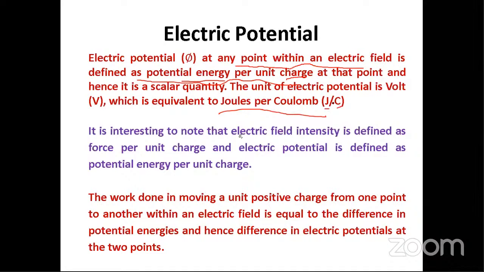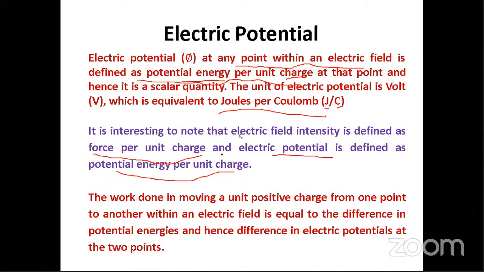So you can easily remember the definition of electric potential and electric field. Electric field is basically what? Electric field is force per unit charge, and electric potential is more or less similar, but instead of force, this is potential energy per unit charge.